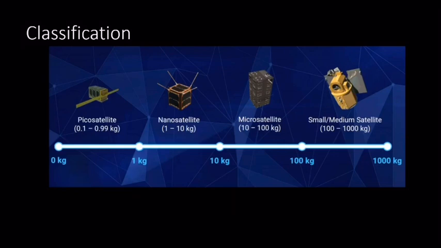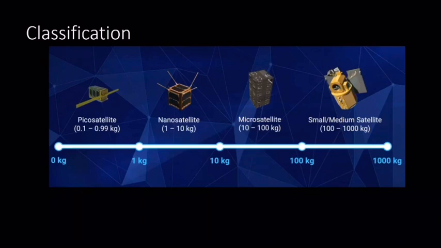Now, since the start of this century, some professors from US universities started thinking about designing satellites. They started to train the students to design satellites. So they came up with the idea of standardizing the satellites, the idea of a CubeSat.